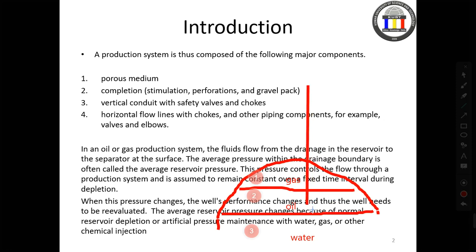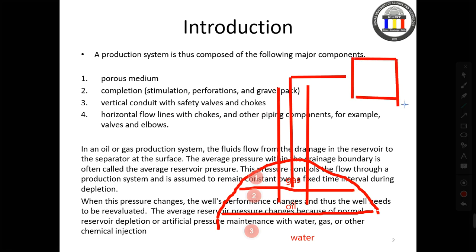Then what we do is we put the well like this. Inside this well we put the tubing string here, and we close it. Then from here we have pipes and separators. This is the separator.